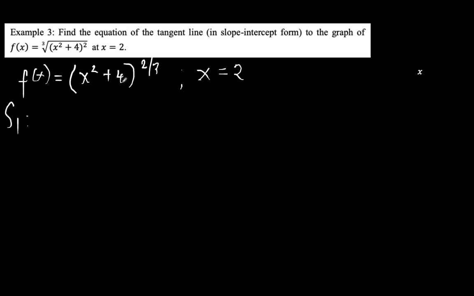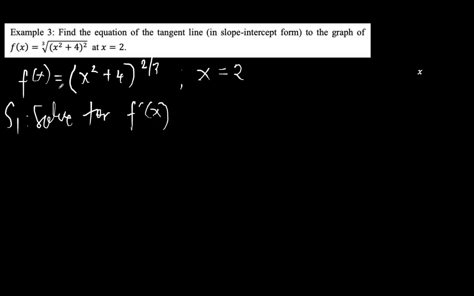So f of x, let me copy. I want to express this radical in terms of an exponent because it's easier to deal with, and you can easily see the exponent. So this is 2/3, and x is equal to 2. The first step here is step 1, solve for f prime of x.